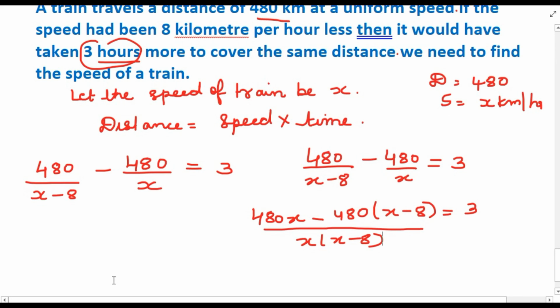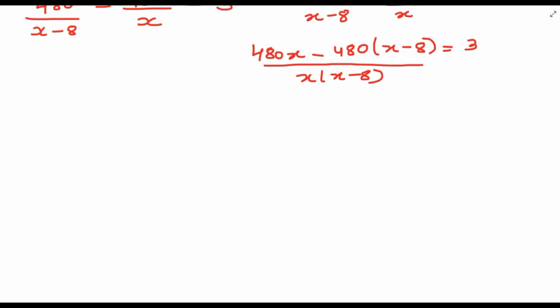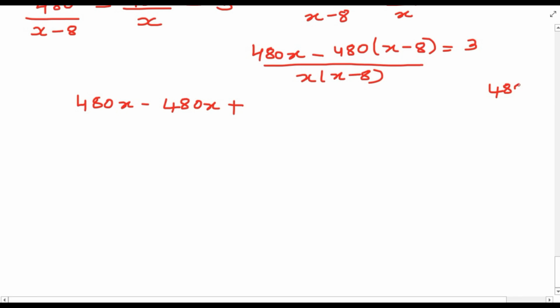So 480x minus 480x, minus into minus plus, 480 into 8. So it is 3840 equal to 3x into x minus 8.